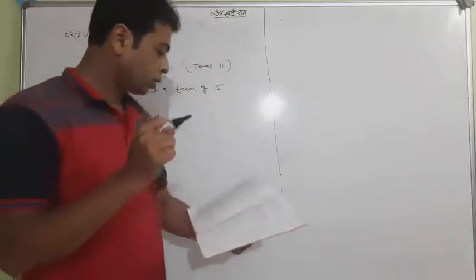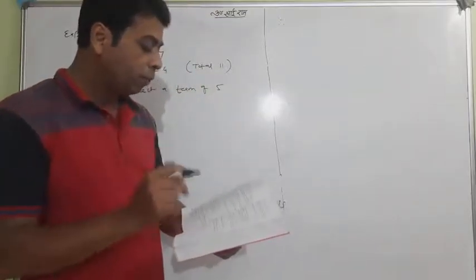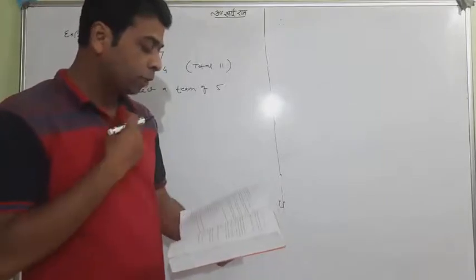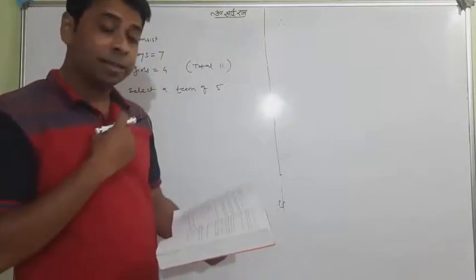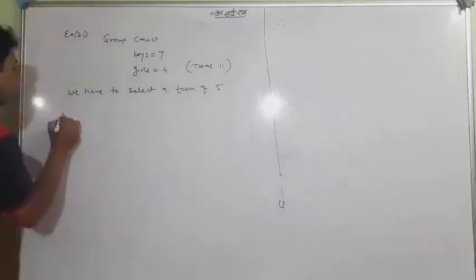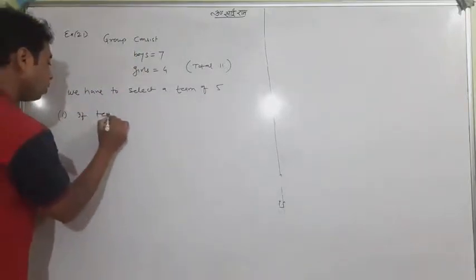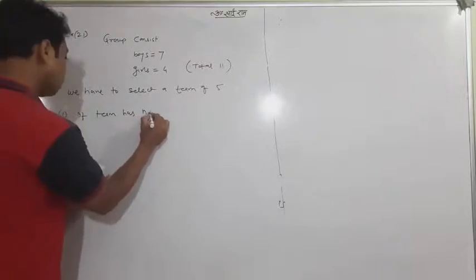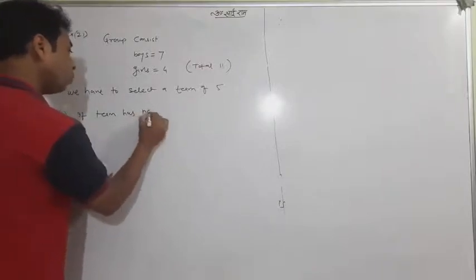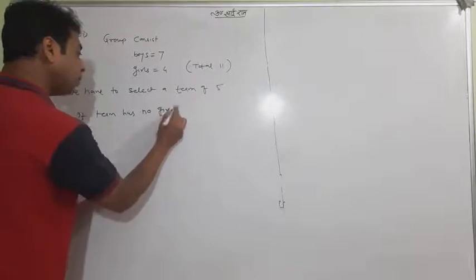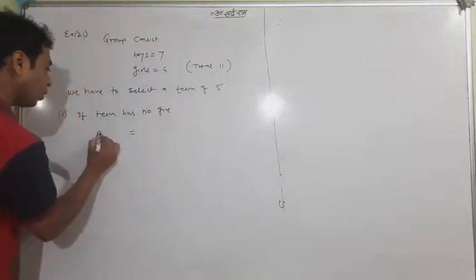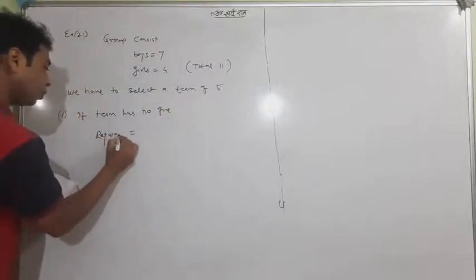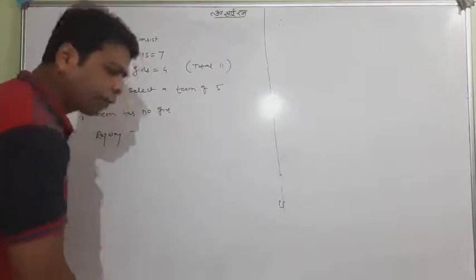First question is over here. In how many ways can a team of 5 members be selected if the team has no girl? Now one can simply understand the required way. I don't want to stretch the question very long.